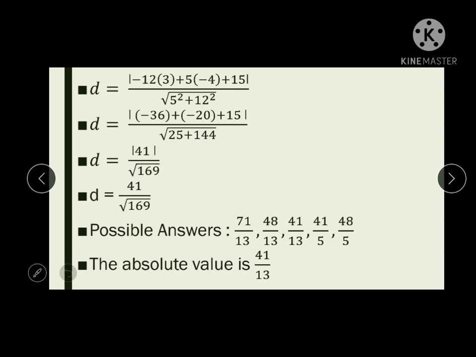And now, negative 12 times 3 equals negative 36 plus 5 times negative 4 is negative 20 plus 15 all over square root of 12 squared is 144 and 5 squared is 25.